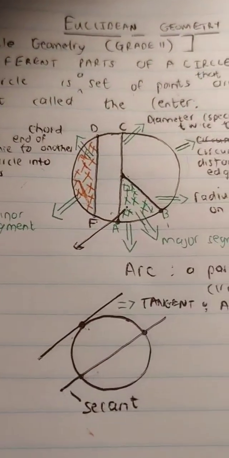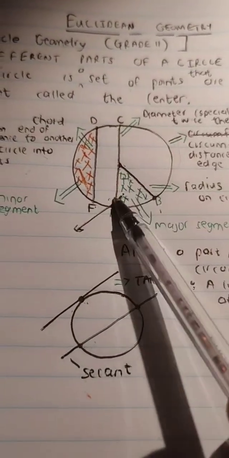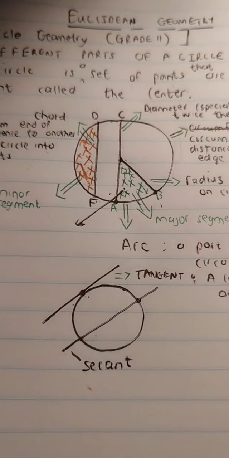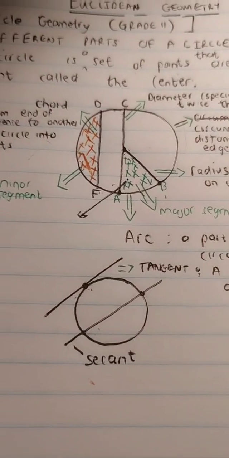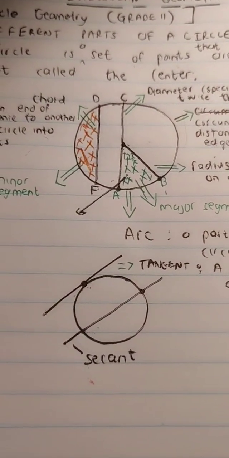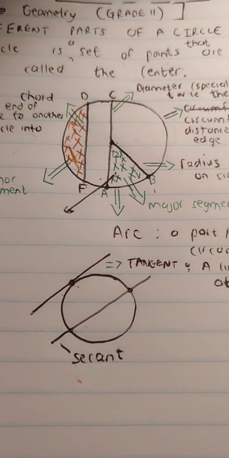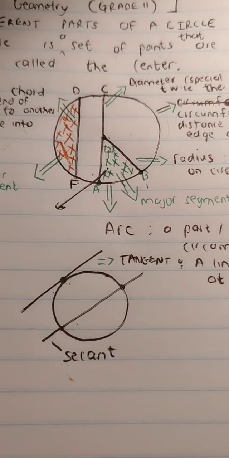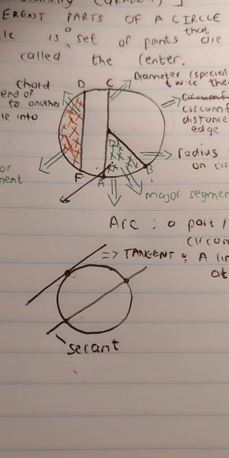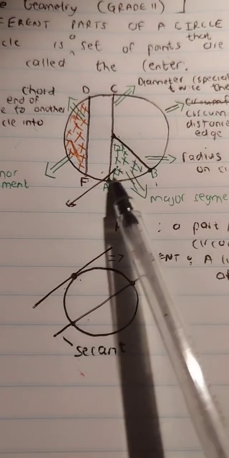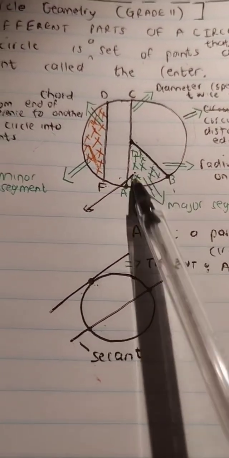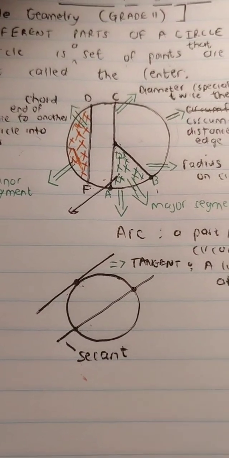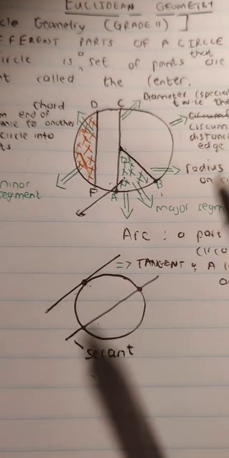What do we call a pizza slice of a circle? If you had ordered from Roman's pizza, I love Roman's pizza, what do we call that pizza slice in Euclidean geometry?